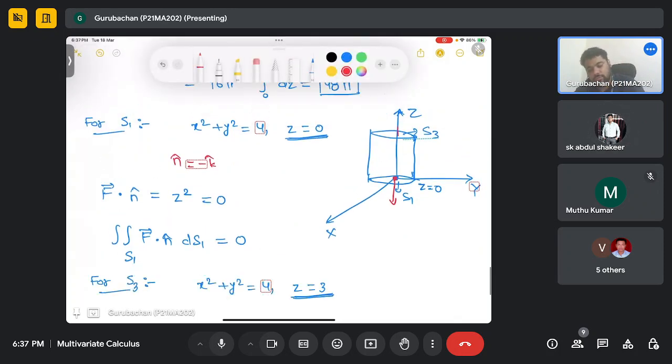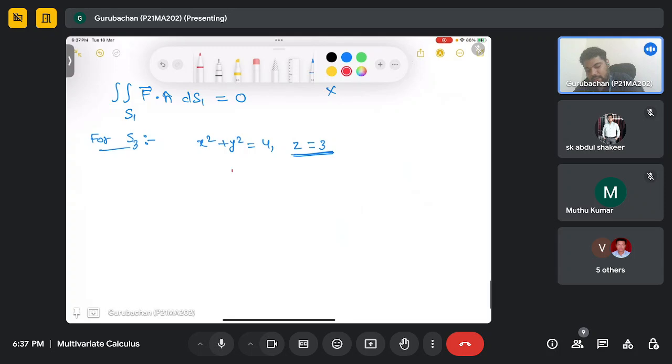So n cap is k cap. Again we calculate F dot n cap. We focus on the k component, which gives z square, and since z is 3 over this surface, this gives 9.